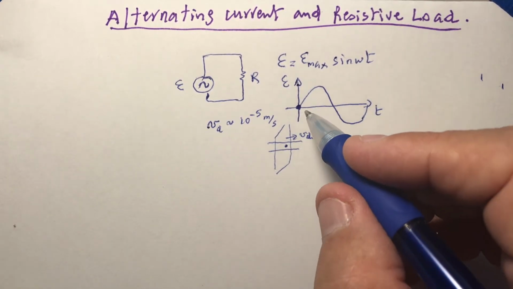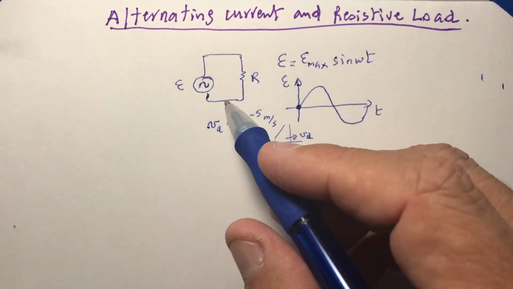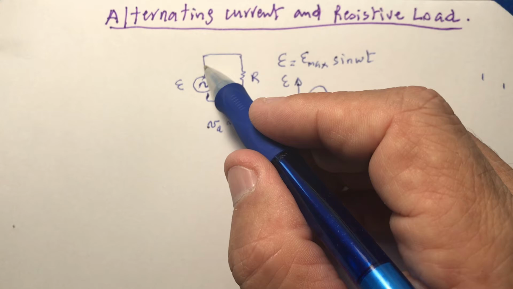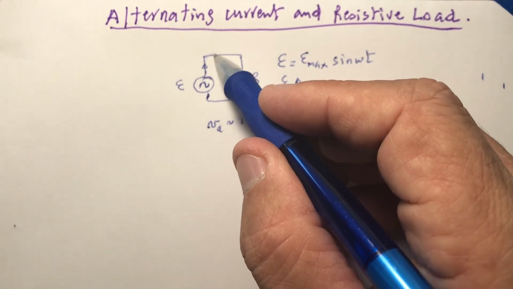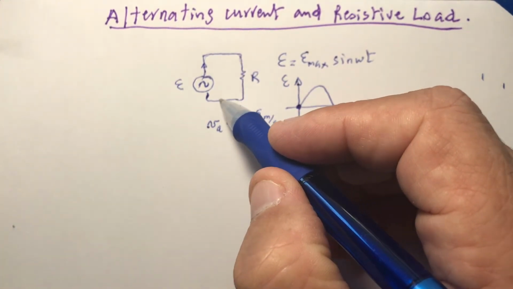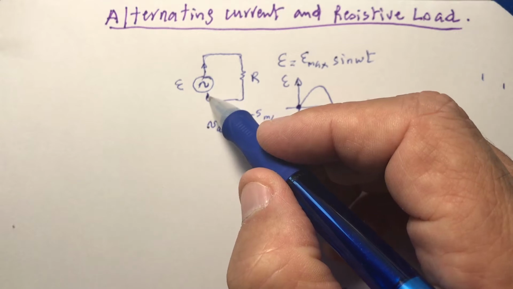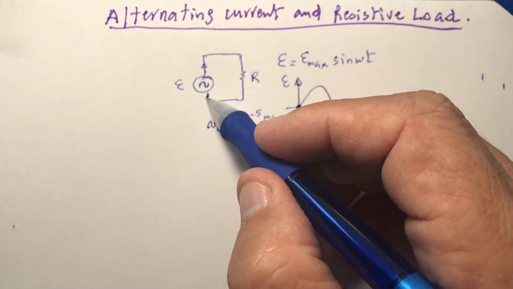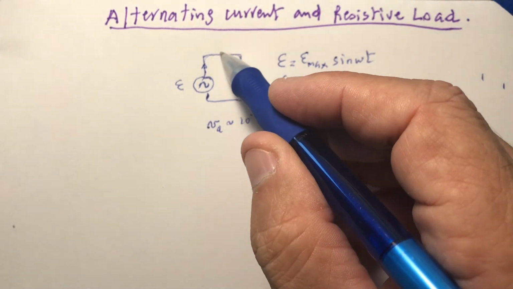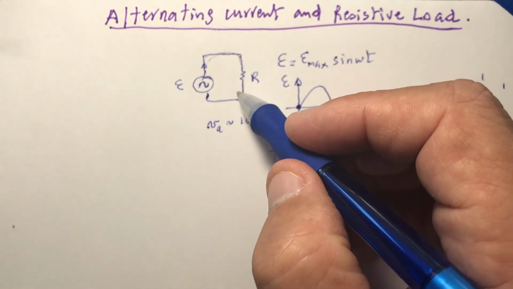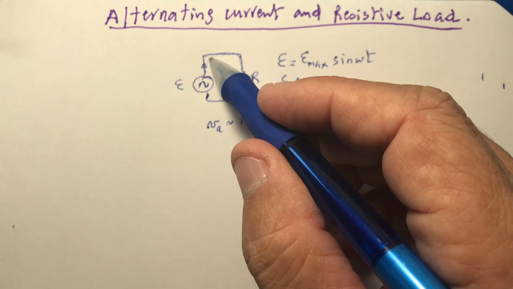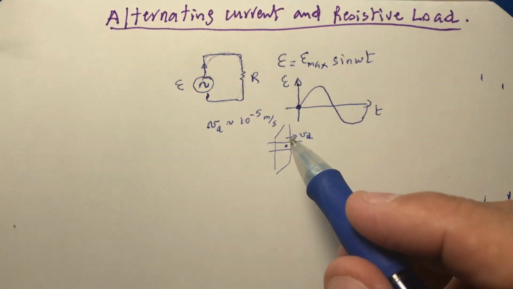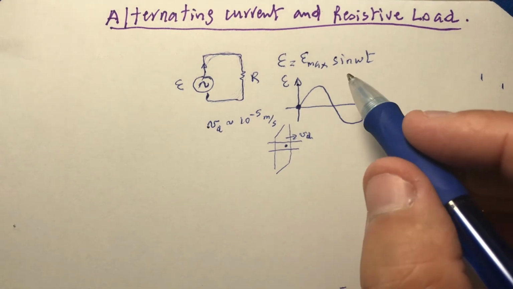If the current is leaving here, it's going to turn back, get pushed back and go back like that. So you have this changing, oscillating current going back and forth, with a certain frequency.